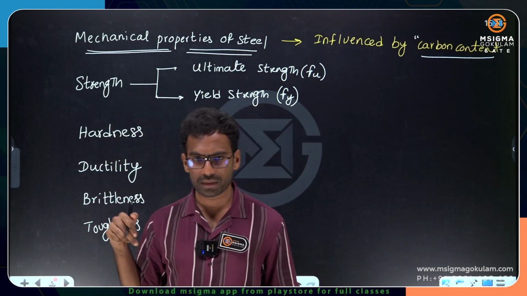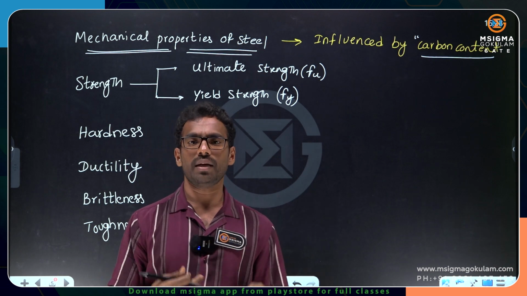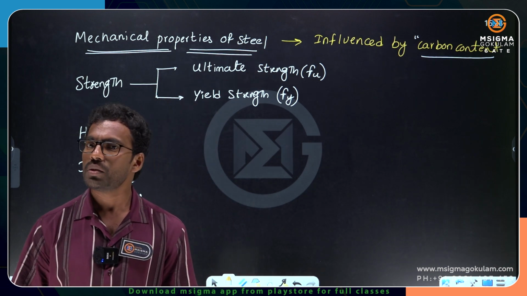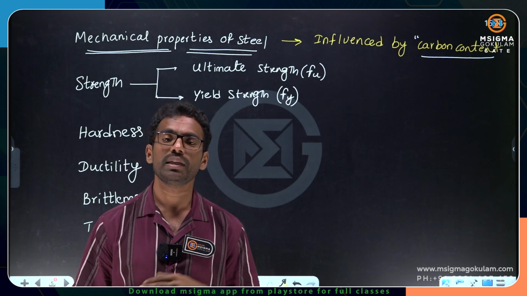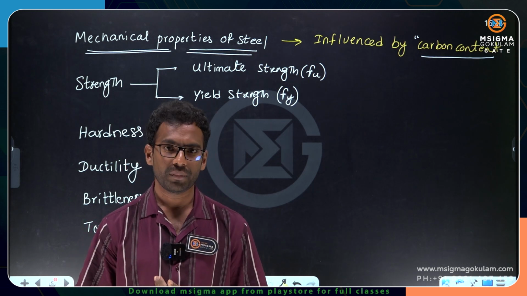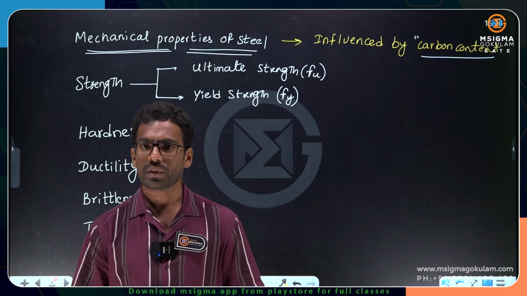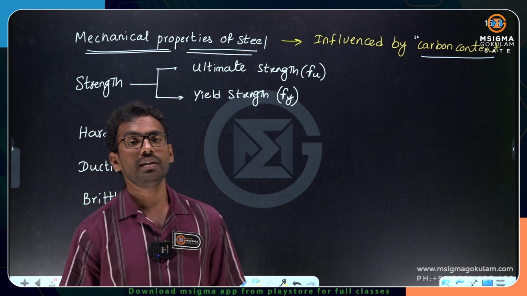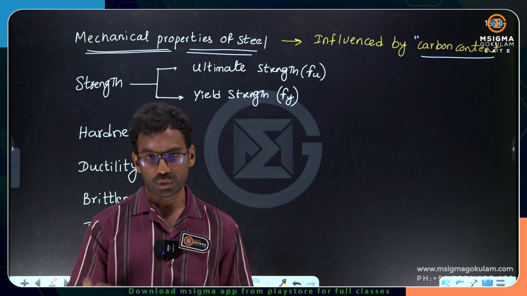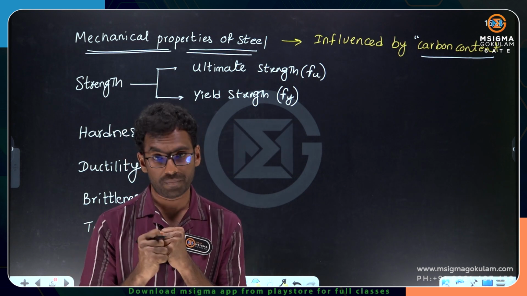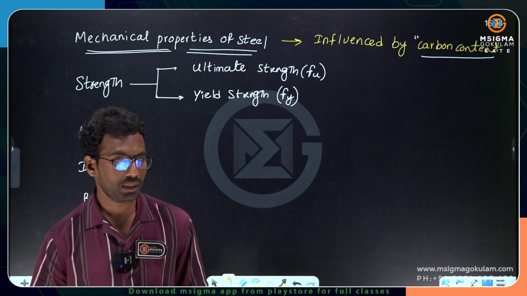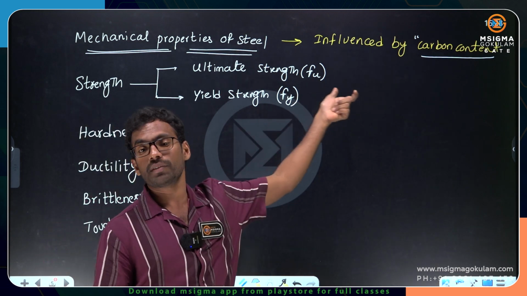If you look at the carbon content, what is the strongest bond on earth? Or we can say, what is the hardest material on earth? The answer is diamond. Diamond has carbon bonds basically. That's why it is very, very hard. That is the significance of carbon.